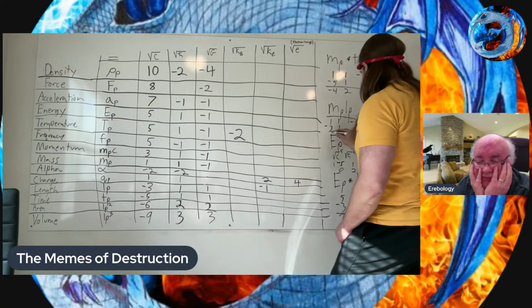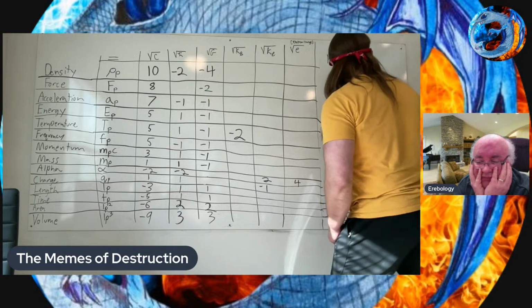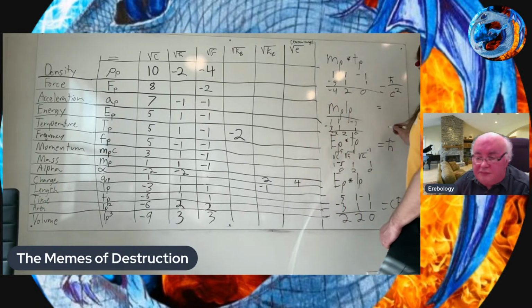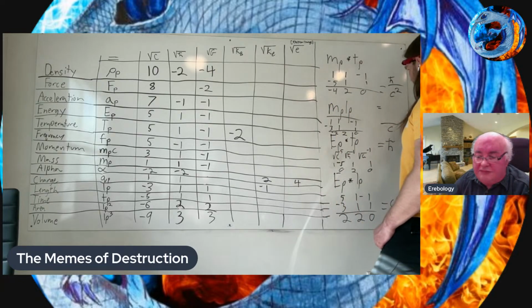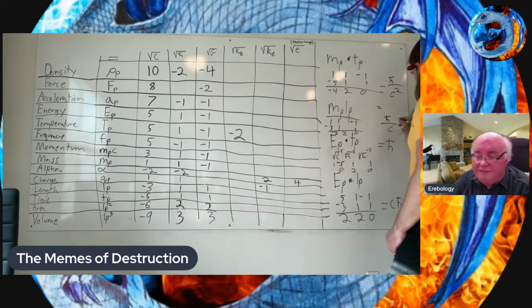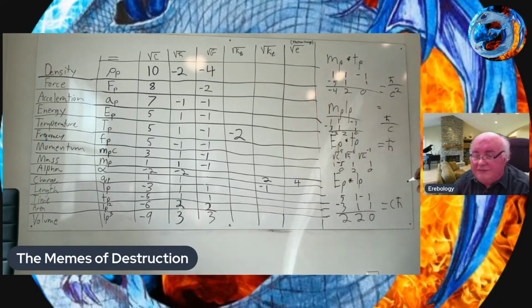That's going to give us -2, 2, 0. So that's going to be C in the denominator, and then that 2 would be 1: H bar over C. Okay, that seems to all add up.